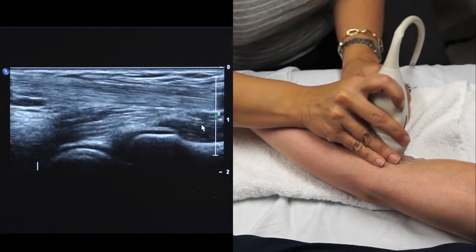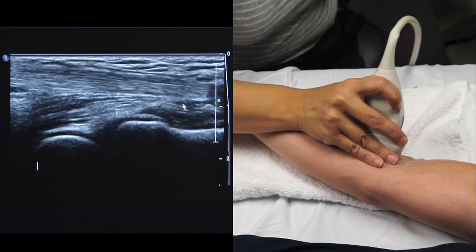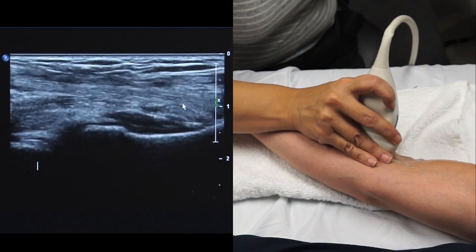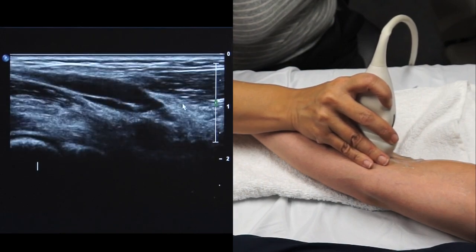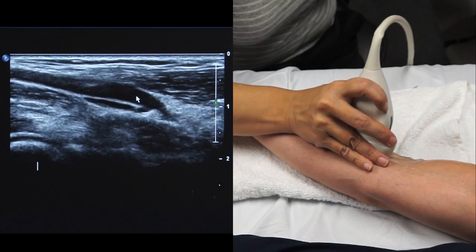Here we see the tendon coming into view. If you can't find the tendon this way, you can slide a little bit more medially. Look for the brachial artery, and the tendon is just lateral to that.